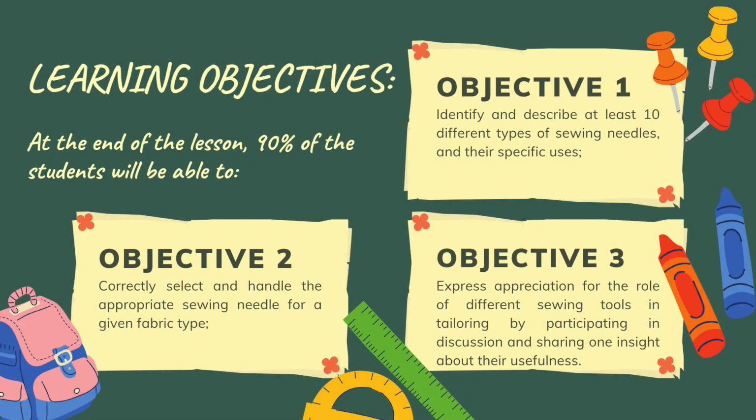So now let's have our learning objectives. At the end of the lesson, 90% of the students will be able to identify and describe at least 10 different types of sewing needles and their specific uses. Second, correctly select and handle the appropriate sewing needle for a given fabric type.